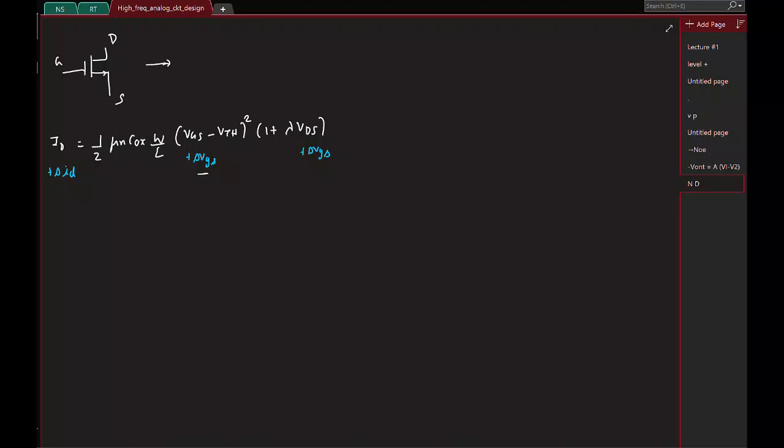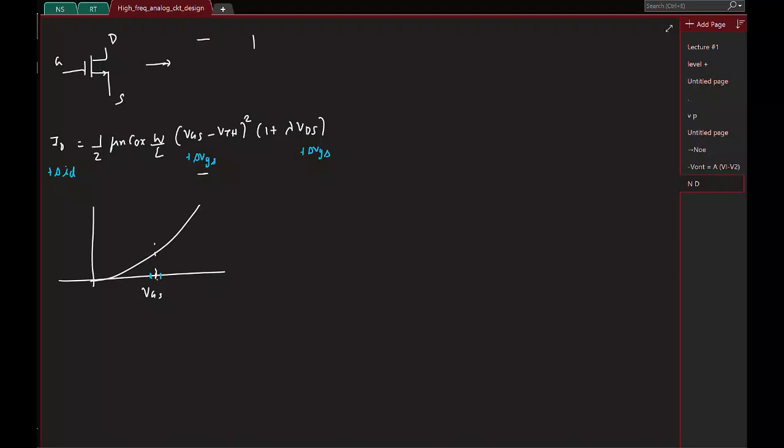This is a nonlinear function, right? Let's say this is at some fixed VGS. Around it I am varying it by a small delta V. You can approximate it as a linear relation, and that's what gives a small signal model.